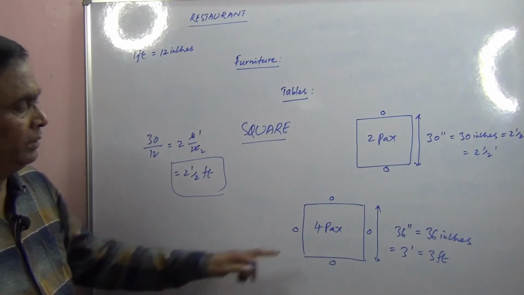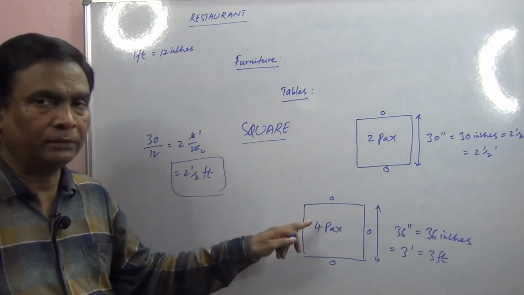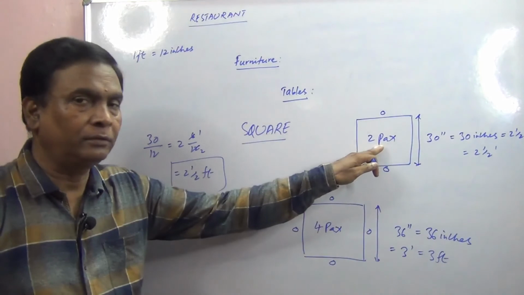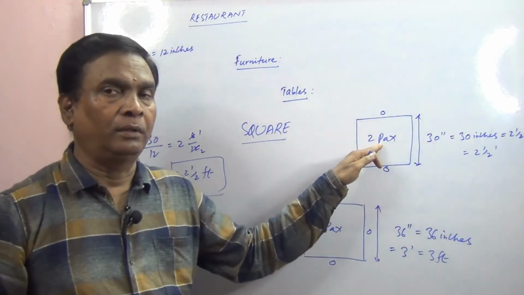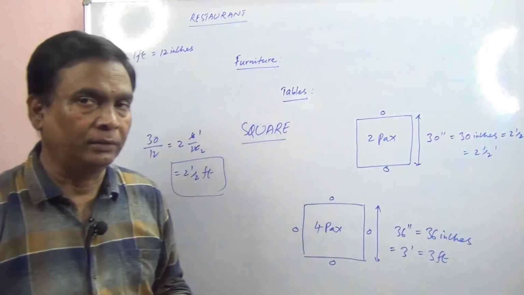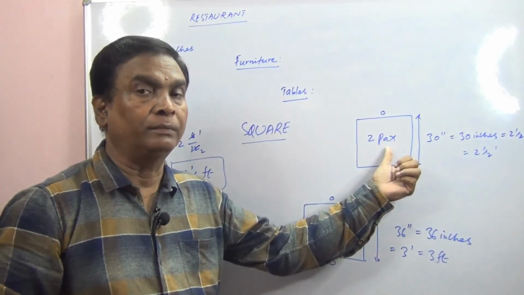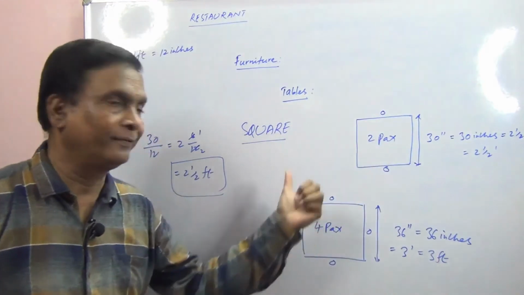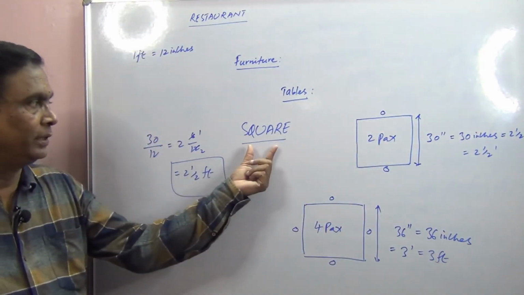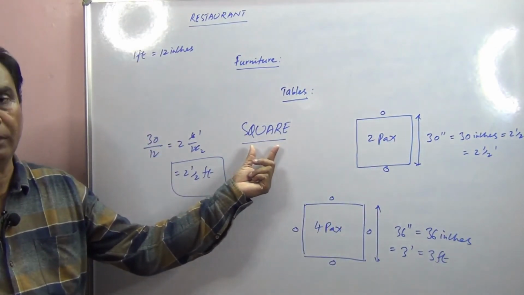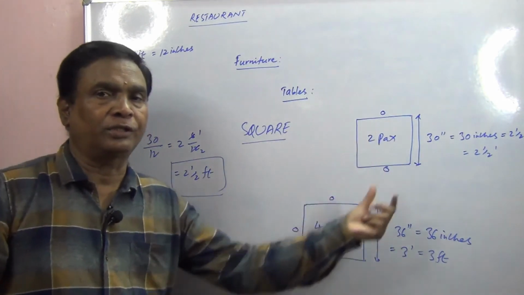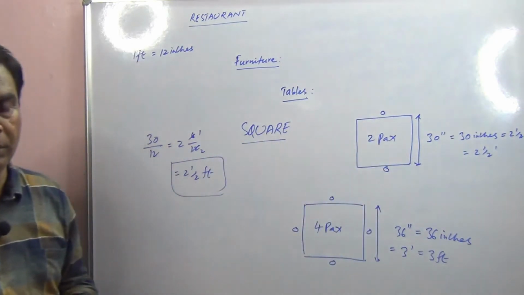Now this is meant for 4 people and this is meant for 2 people. It is always better if you use the word packs. 2 packs, 4 packs. So this is all about a square type of table and the dimensions of this particular table.